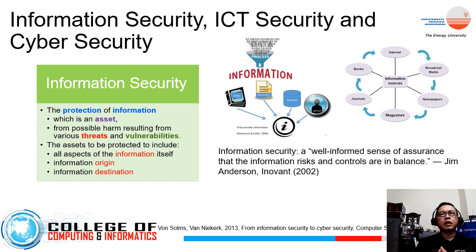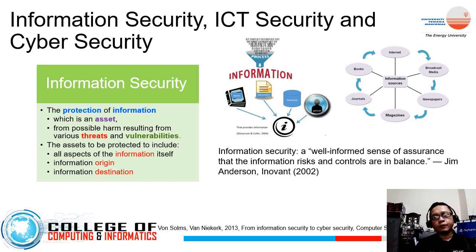So basically, information security is a very well-informed sense of assurance that whatever risks with regard to the information and whatever controls you have to protect that information are in balance. There are certain risks to every asset that you have. Perhaps there is a risk of theft, a risk of information being misused, and also the controls that you have to protect that information.